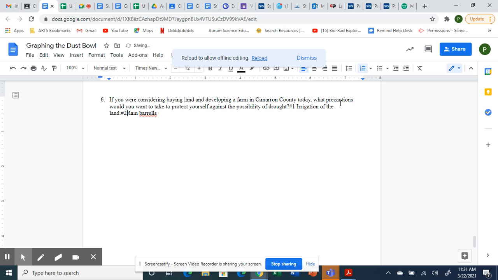Number two, what's this say? Yeah, we know why it's important to conserve water, but what's this? We can't prevent droughts, which we know.